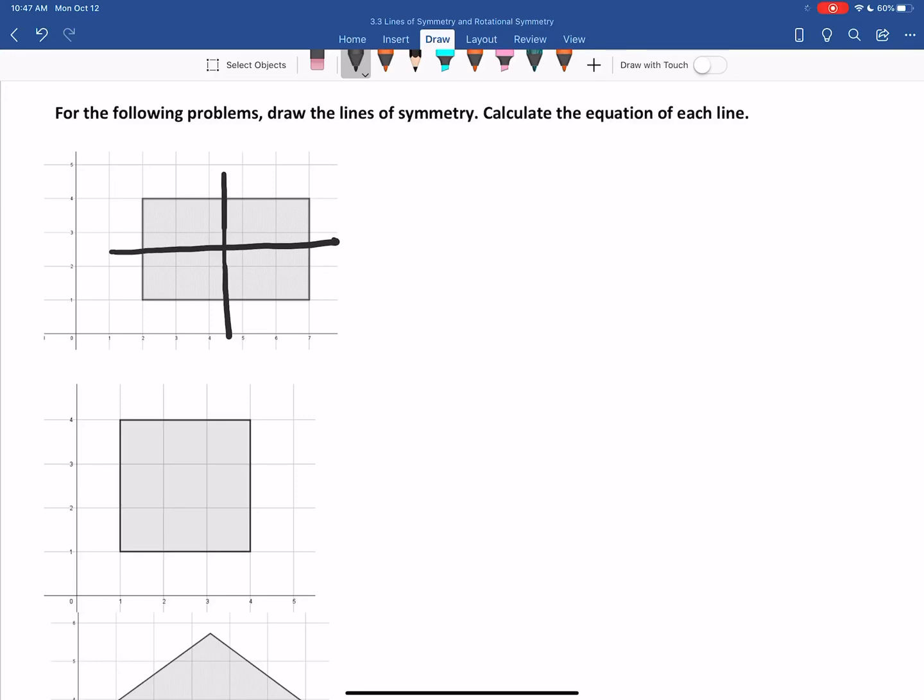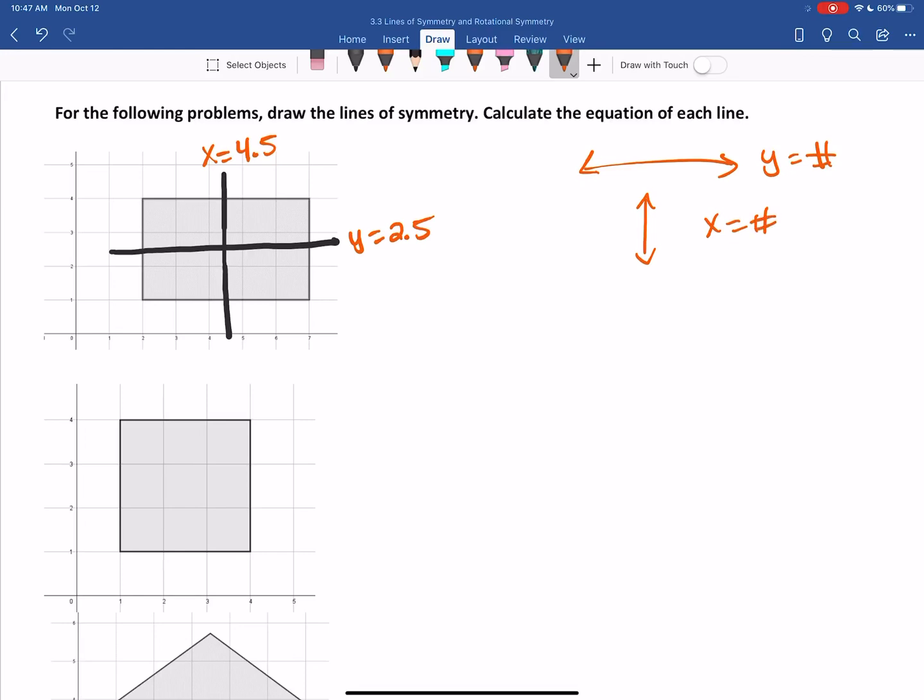The main thing you want to be able to do is write the equation of that line of symmetry. So here we would have x equals 4.5, and this one would be y equals 2.5. Remember that horizontal lines are y equals a number, and vertical lines are x equals a number.